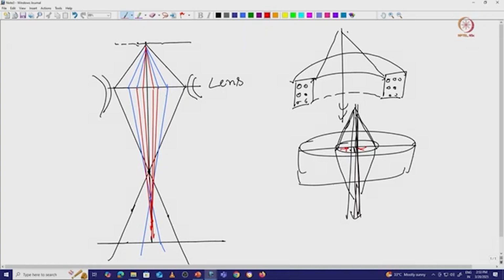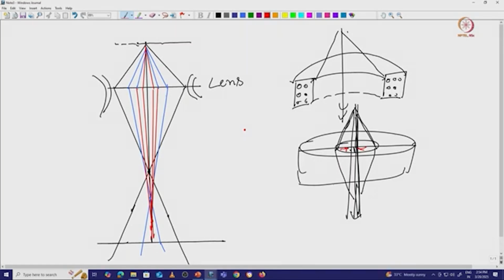Now all these rays together, when they give us an image, that image will not form a single point anymore. It will form some kind of disc, a mixture of all these different rays.